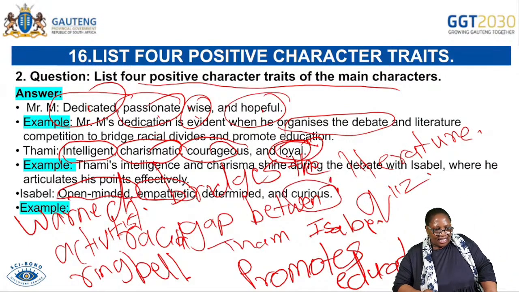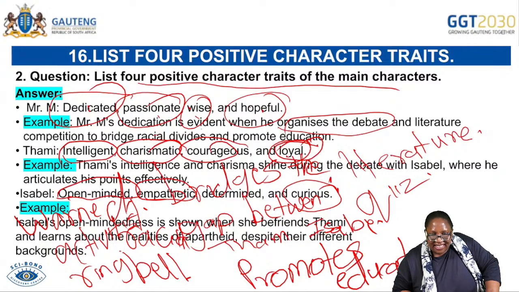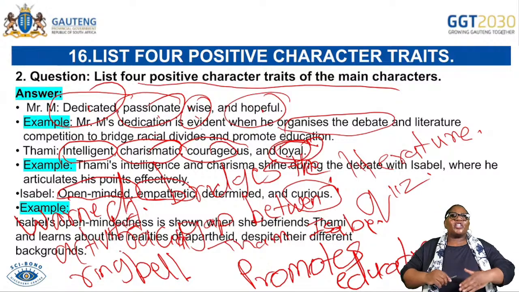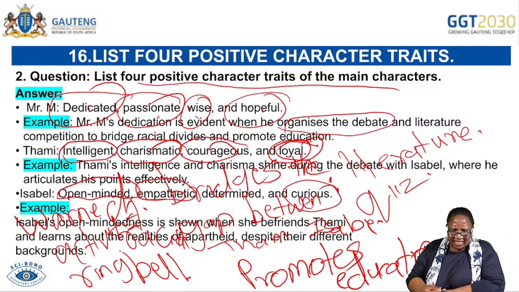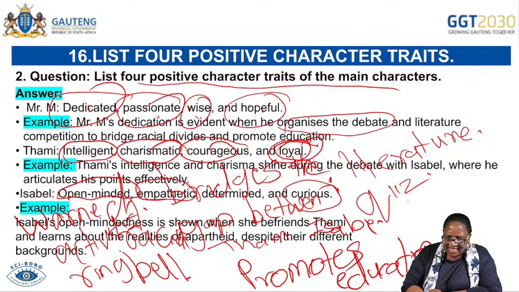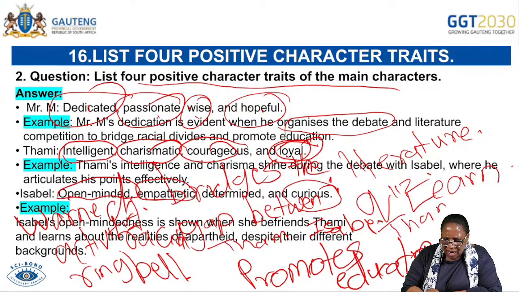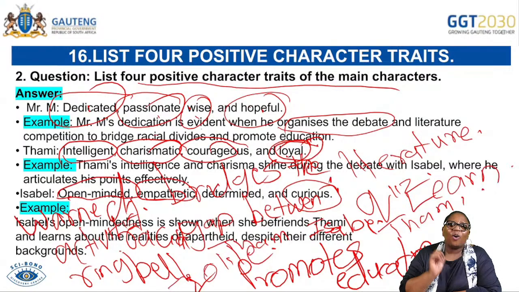How do we know that? Can you think of an example in the book? Yes. She's open-minded. She befriends Tammy. And she's prepared to learn more about what Tammy is all about. She's prepared to learn more about what Zolile High is all about.